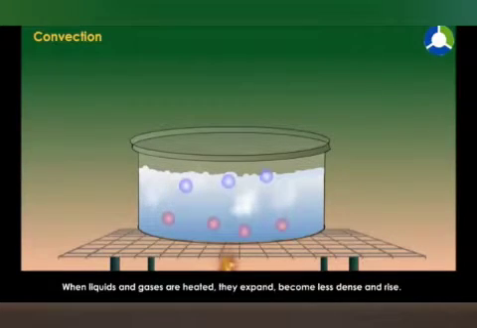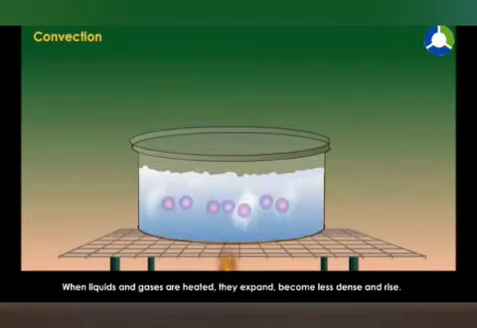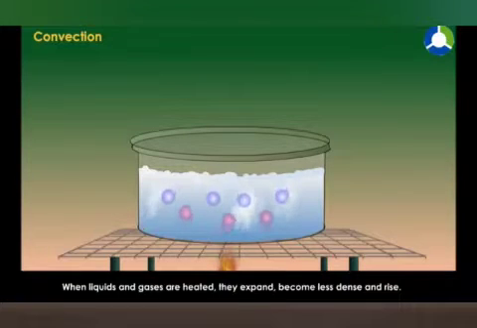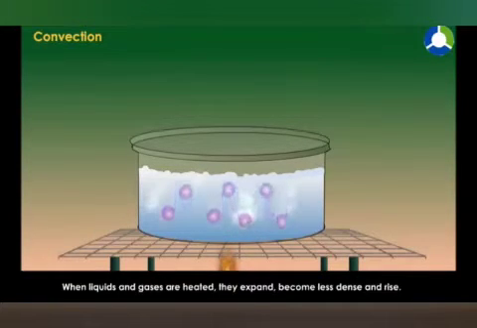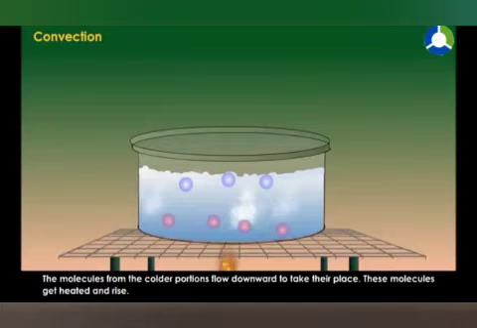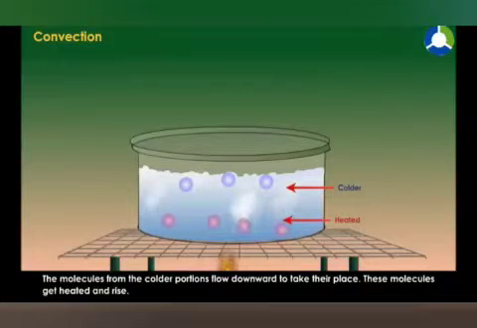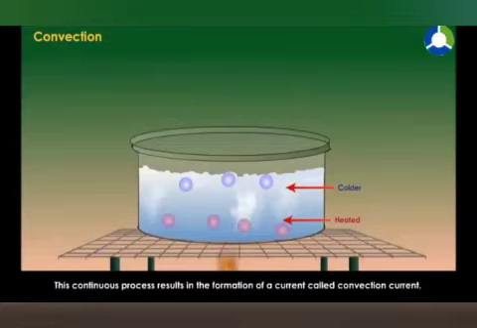When liquids and gases are heated, they expand, become less dense and rise. The molecules from the colder portions flow downward to take their place. These molecules get heated and rise. This continuous process results in the formation of a current called a convection current.